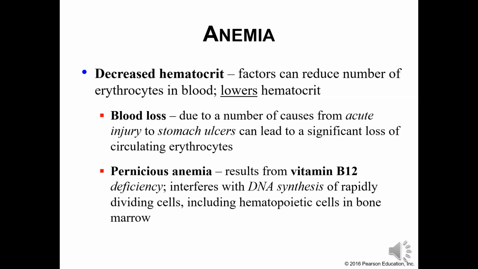So many of these cases of pernicious anemia will have a red blood cell that has a larger nucleus, and the red cell will actually appear larger, mainly because of that interference with the synthesis of those rapidly dividing cells. And since the DNA synthesis is interfered with, the nucleus will generally be abnormal appearing.